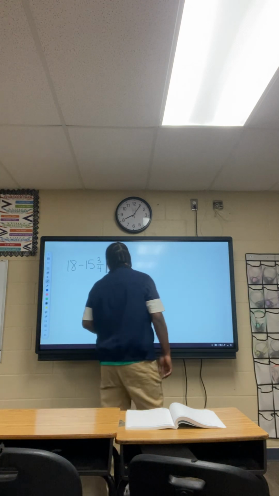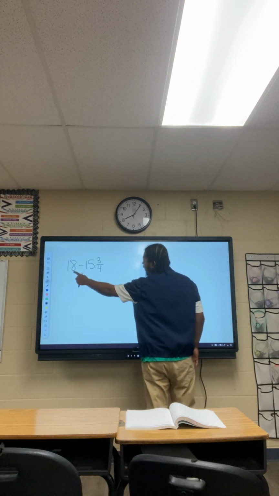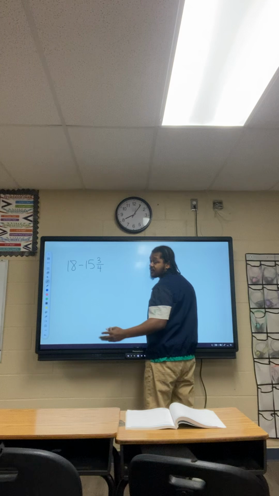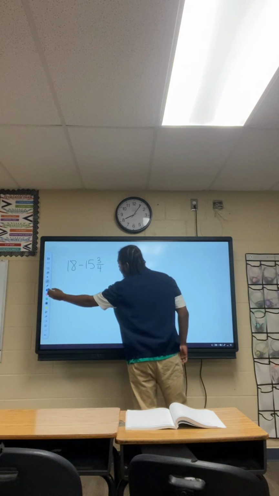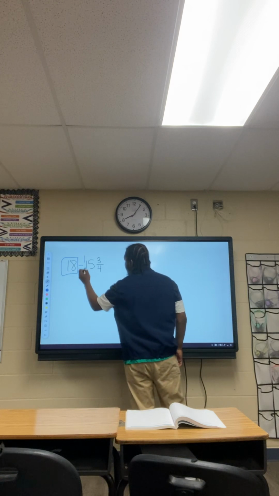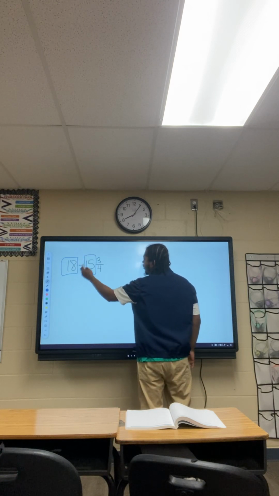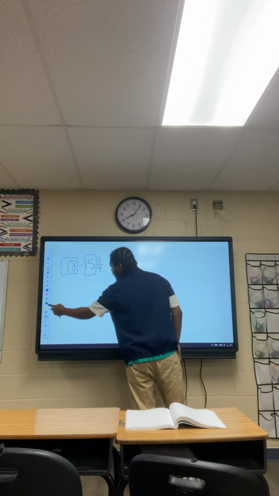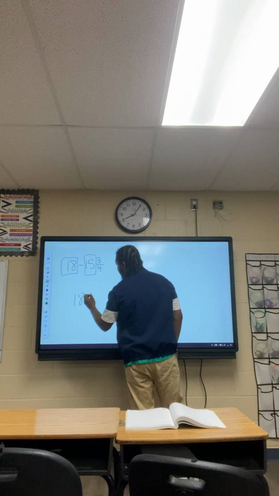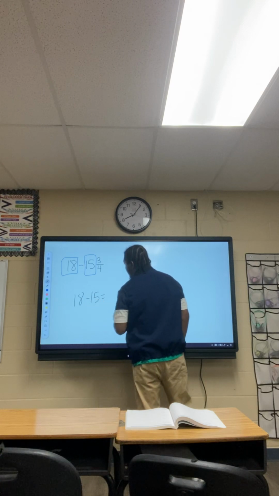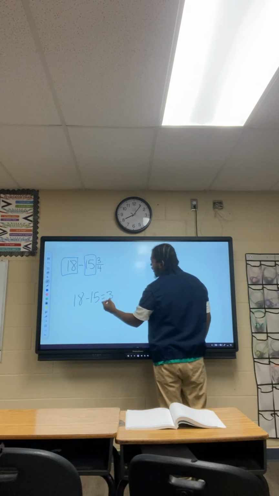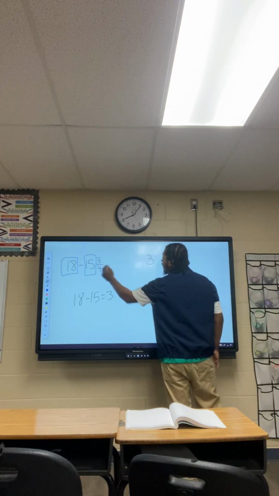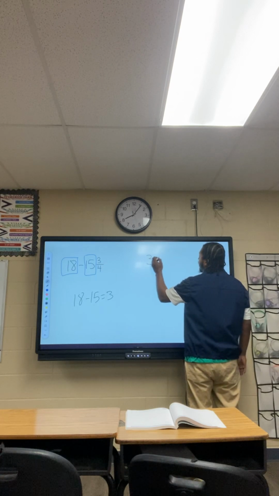We don't have another fraction over here, so we don't have to worry about that right now. First things first, we can work with our whole numbers. So we have 18 minus 15. 18 minus 15 is going to leave us with 3, okay? So now we're with 3. Now we have to take away our 3/4.